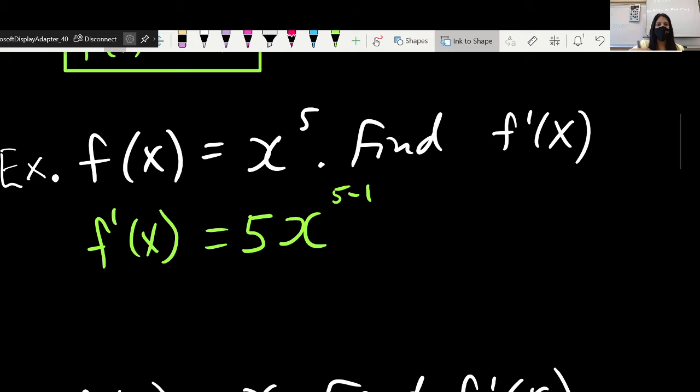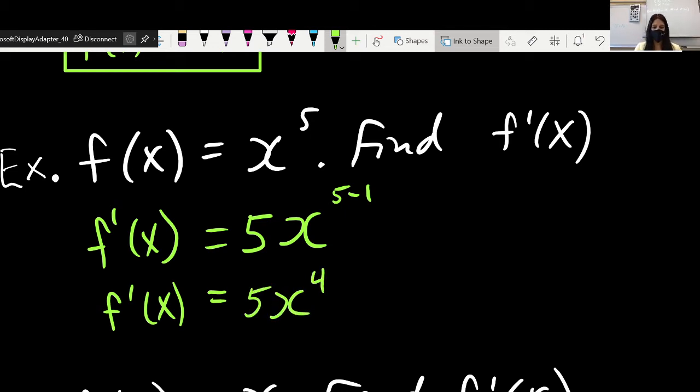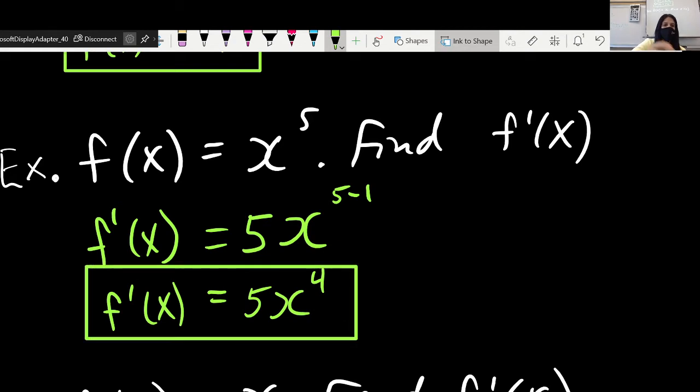So when we go to write our actual answer for f prime of x, or the derivative, we would get 5x to the power of 4. That's the derivative, f prime of x. Pretty good so far? I'm flying through, but I feel like you can see why I'm flying through.